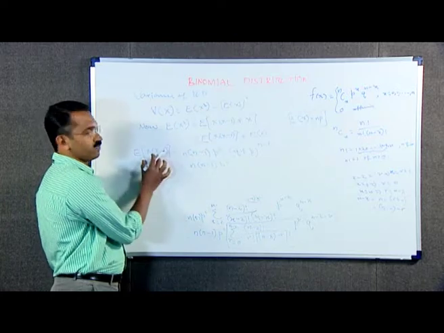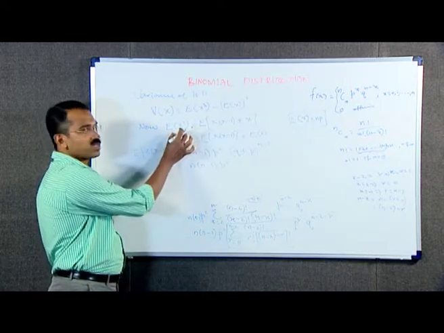Substitute this value of E of x into x minus 1 in this expression for E of x square.